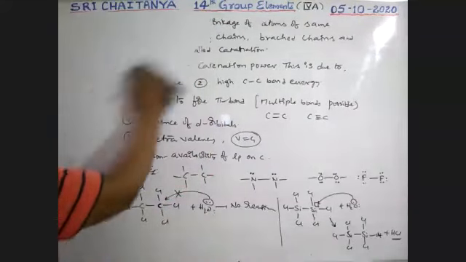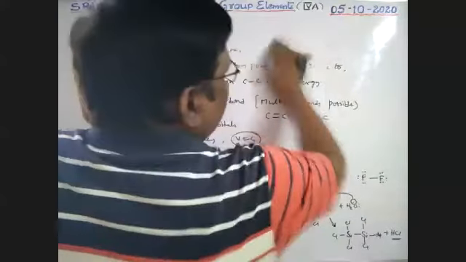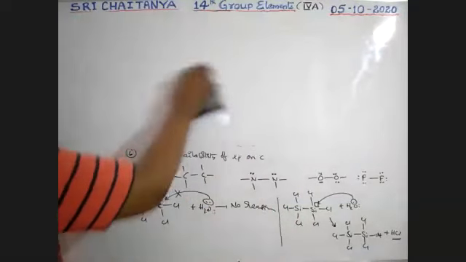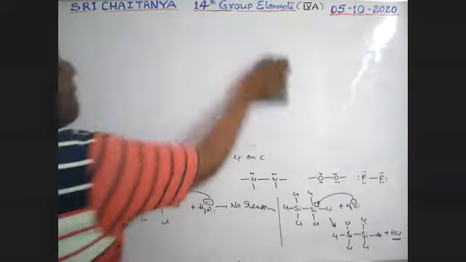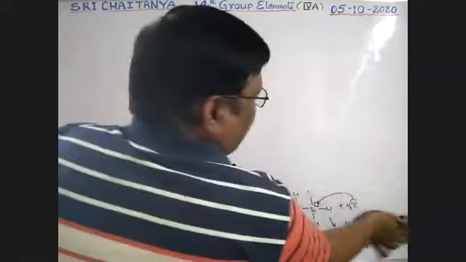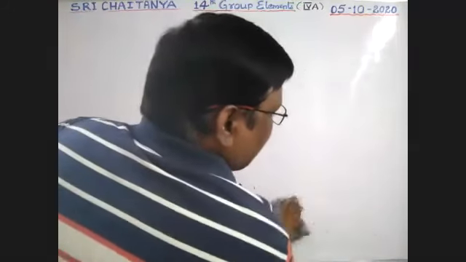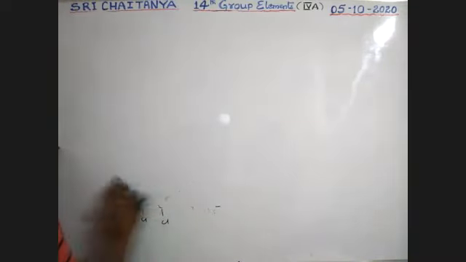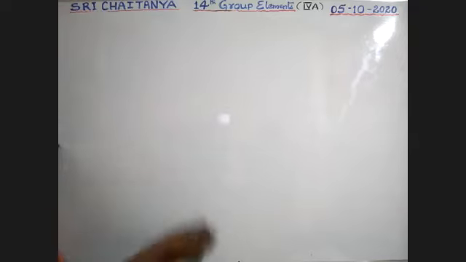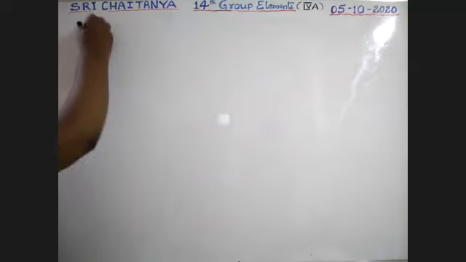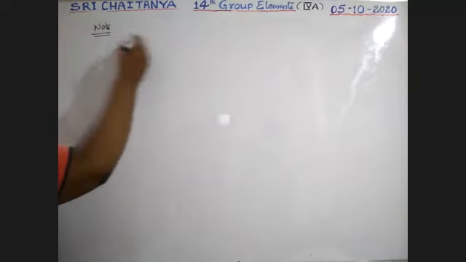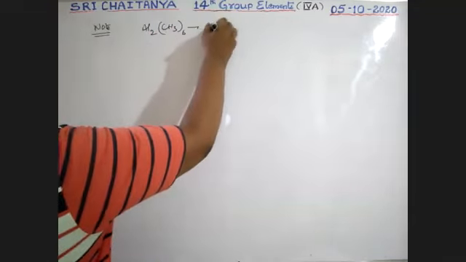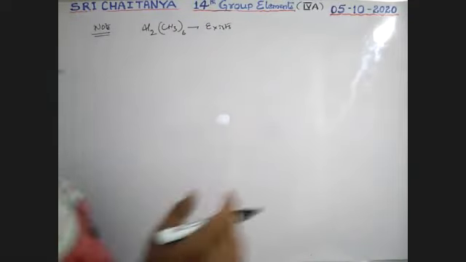Note points. See here, boys, Al2(CH3)6. This compound exists, just like Al2Cl6.